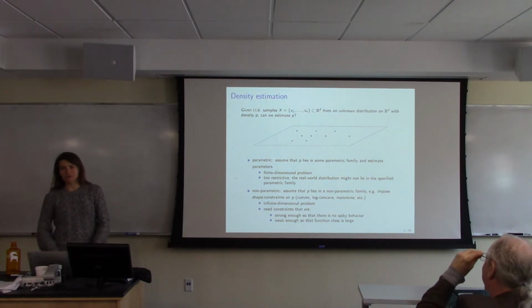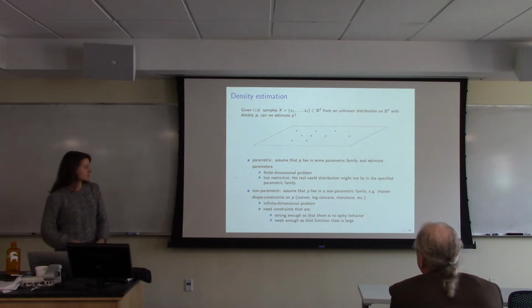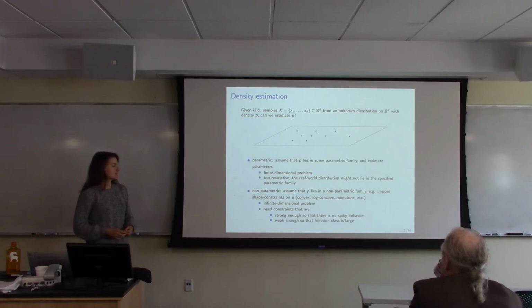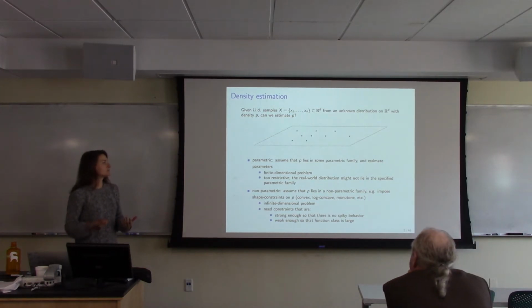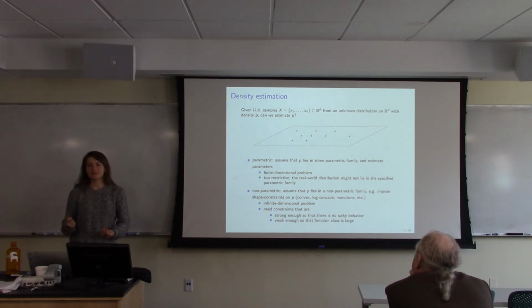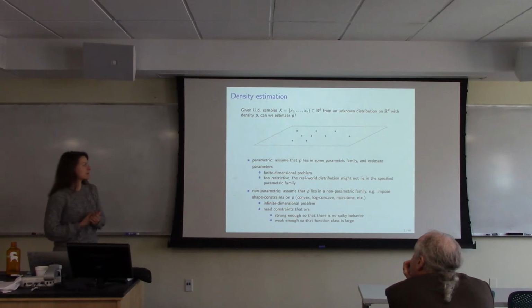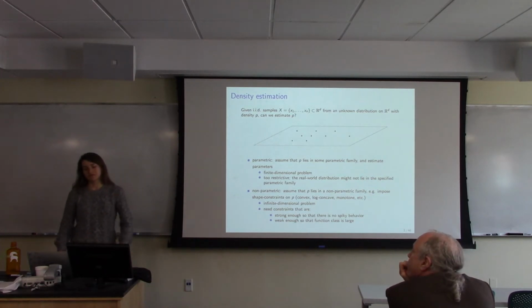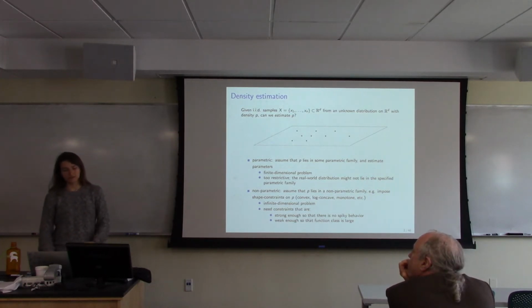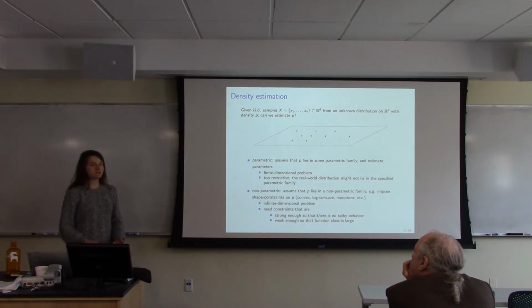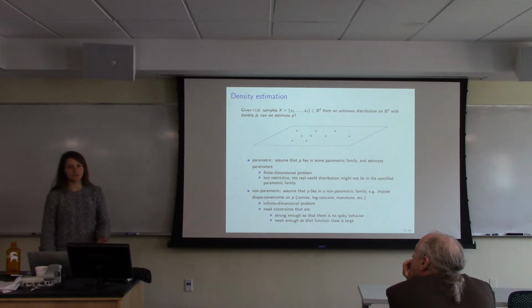And moreover, we have to be careful how we select the constraints because they have to be strong enough so that there's no spiky behavior. So if we didn't impose enough constraints, then the density estimator will just be a sum of Dirac delta functions above the samples, and that's not something that we want to find. And then on the other hand, we want to have constraints that are weak enough so that the function class is large and contains, hopefully, the distribution that the samples came from.